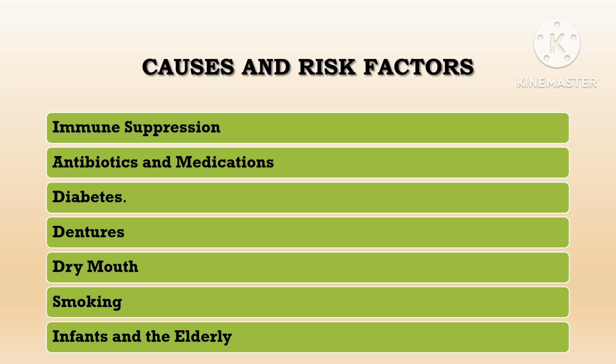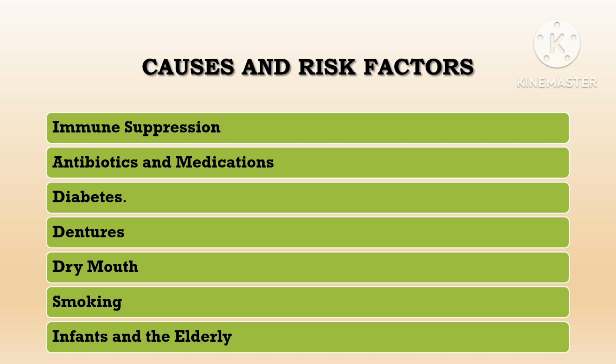The most common triggers of candidiasis are a weak immune system, antibiotics or medications taken in the long term, diabetes, denture wearers, and smoking. Yes, smoking can also contribute to oral thrush.